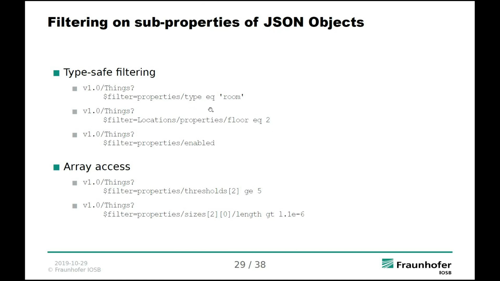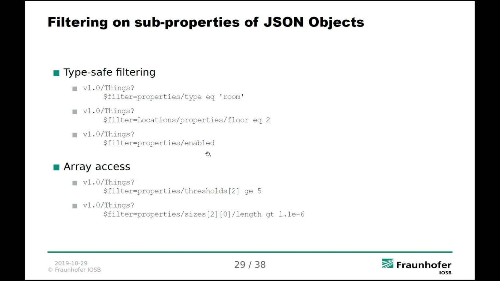You can say, okay, this thing is actually a room because I have a property. I add the property type with room. And of course, here you see the type say filtering. We can filter by string, by integers, or we can also filter by Boolean values.